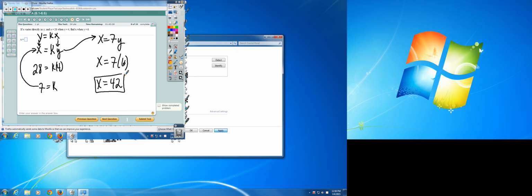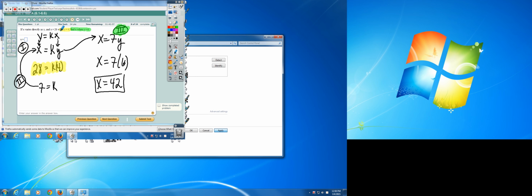So you got 3 parts. 1. Change the what? Variables. 2. Plug and chug and find what? K. And 3. Give more information. I'm going to highlight 3. And that's right there. Highlight this right here.